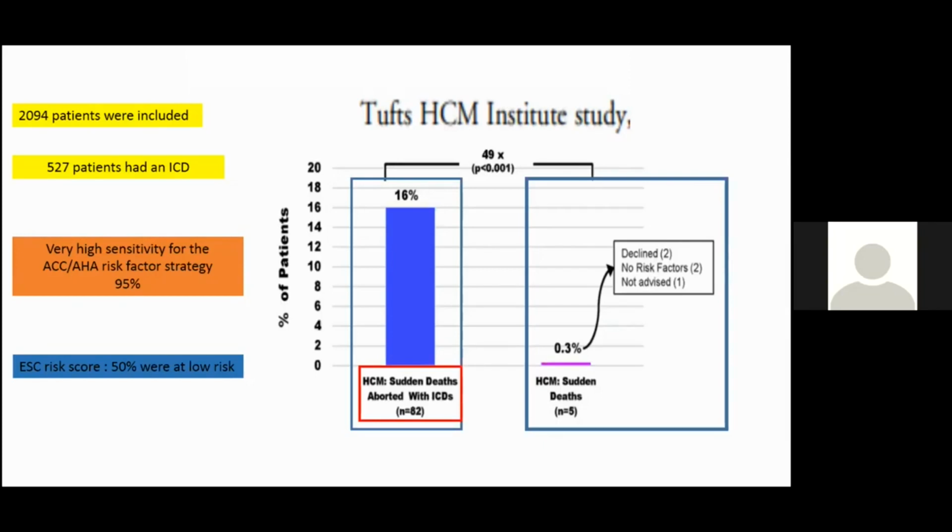So concerning the first question about the interest of late gadolinium enhancement in the sudden cardiac death risk assessment, the American guidelines consider late gadolinium enhancement on CMR with a cutoff value of higher than 15% as a 2B indication for the placement of an ICD.